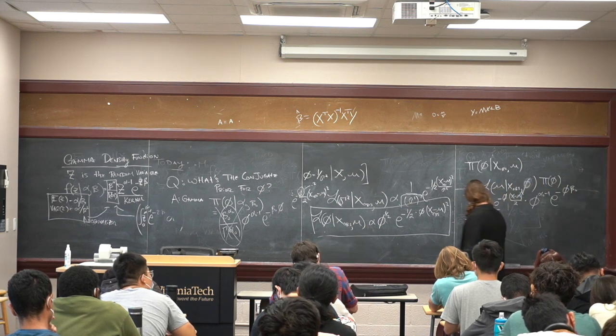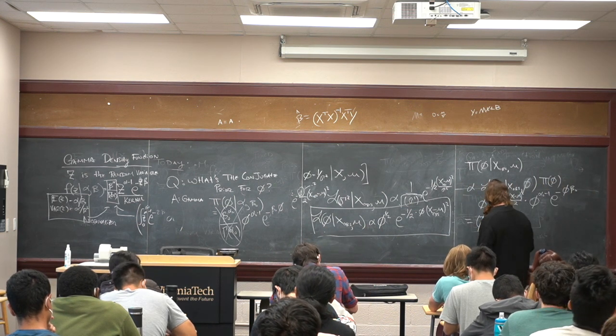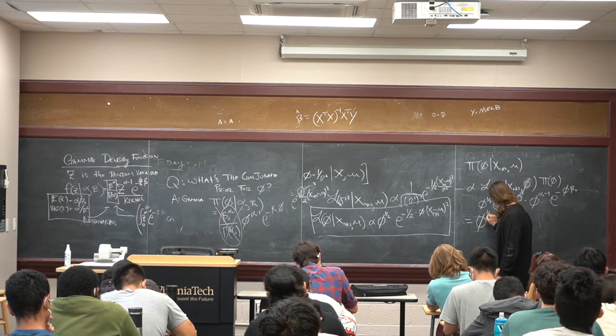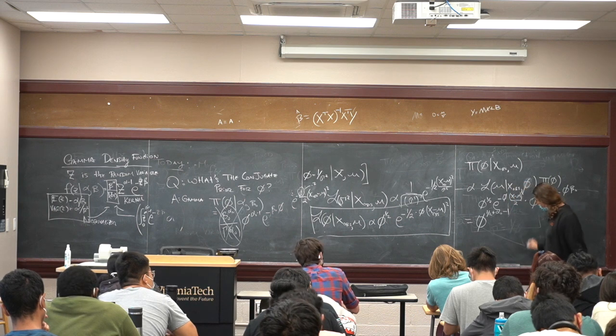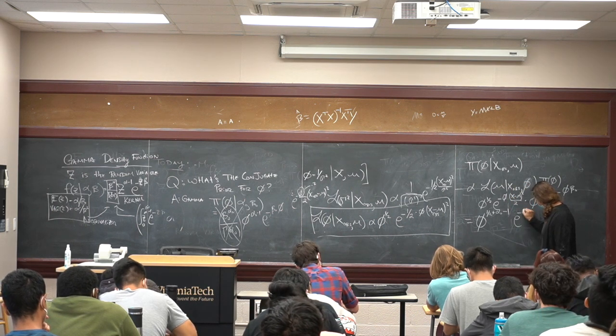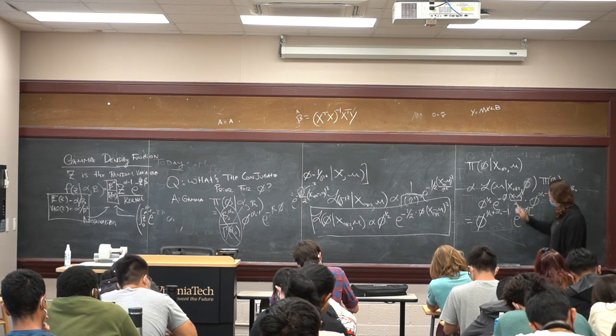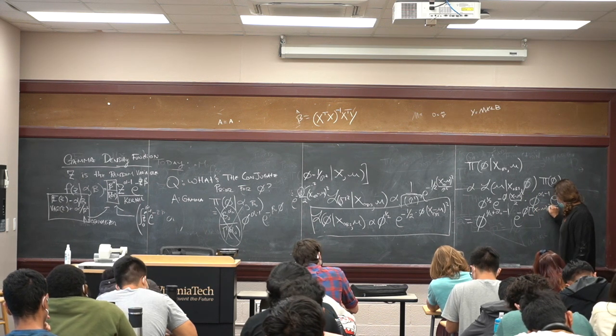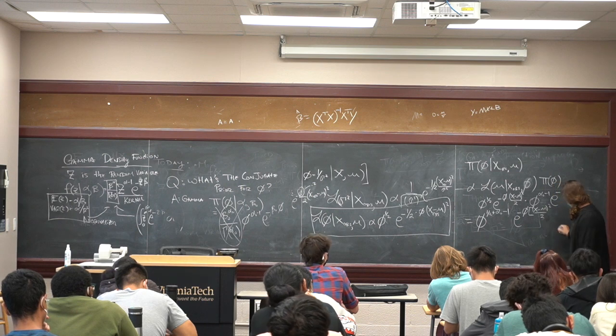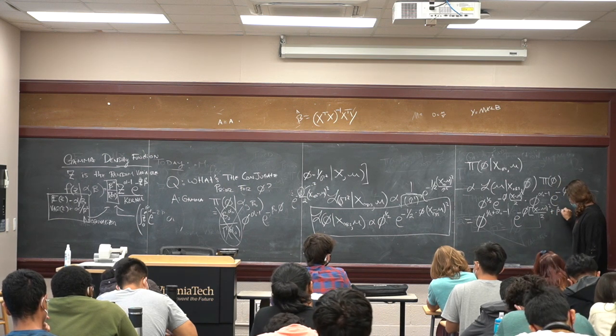And I can rewrite that down. It's phi to the 1/2 plus alpha 0 minus 1, e to the minus phi, and I'll add the stuff in the exponents. This is x minus mu squared over 2 plus beta 0.